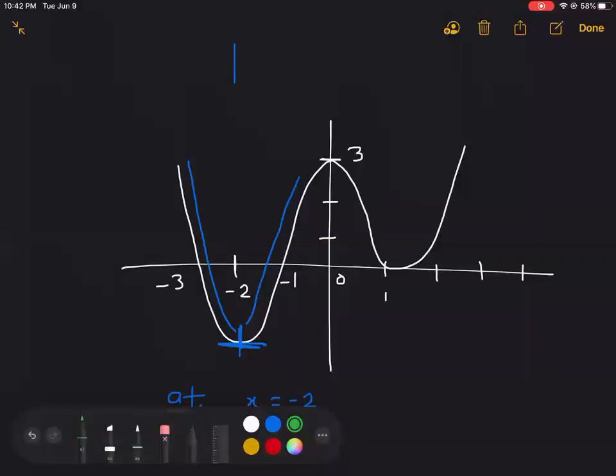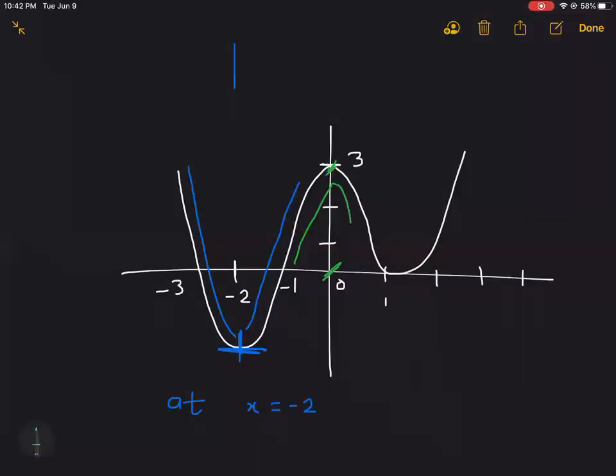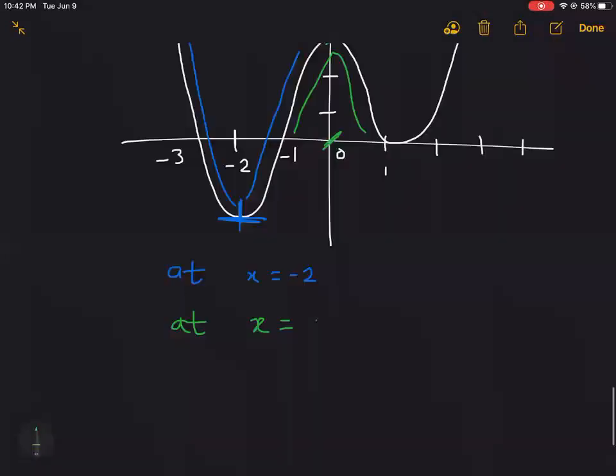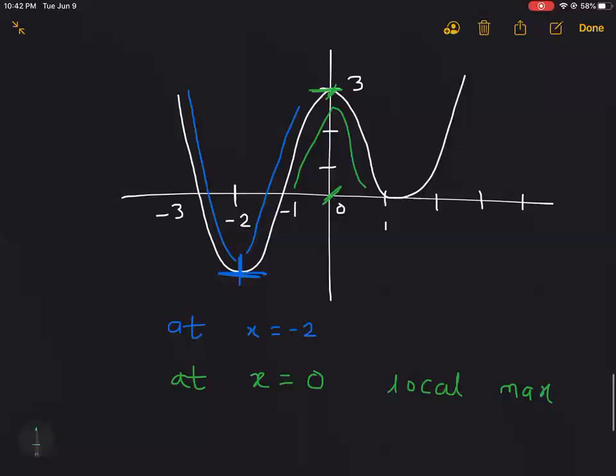At 0, we can see previously it was increasing, and at 0, after reaching this peak, it has started to decrease again. So at x equals 0, we have a local max, right? We have a peak point here. It was initially increasing, and after that, it has started to decrease. So that means that's the local max.